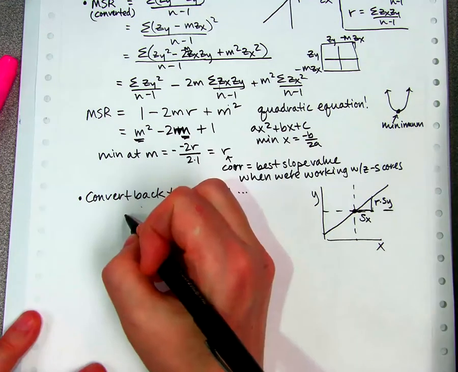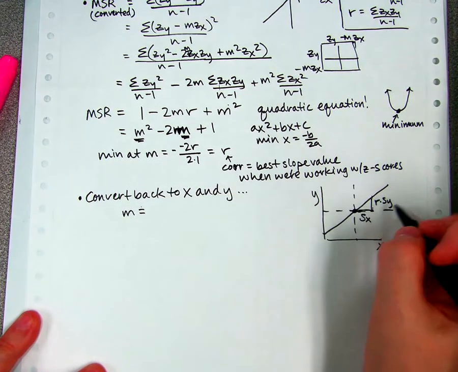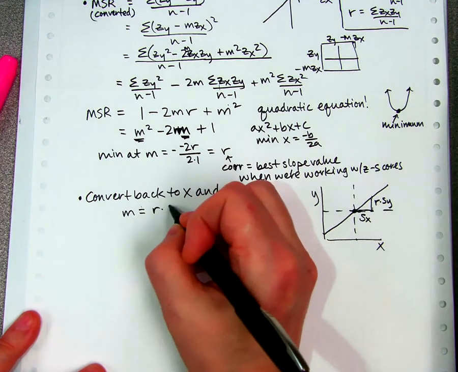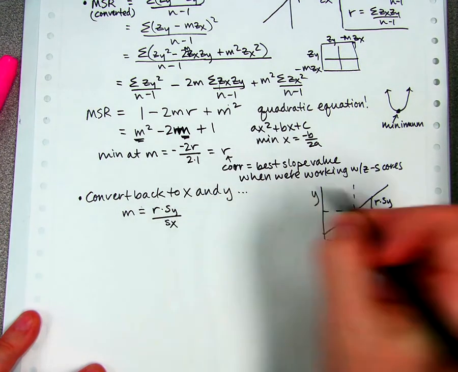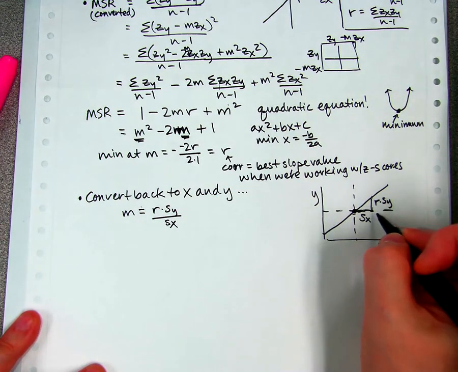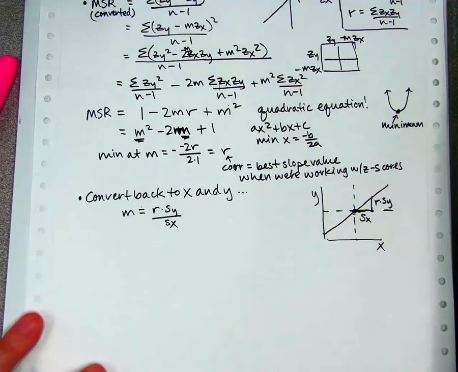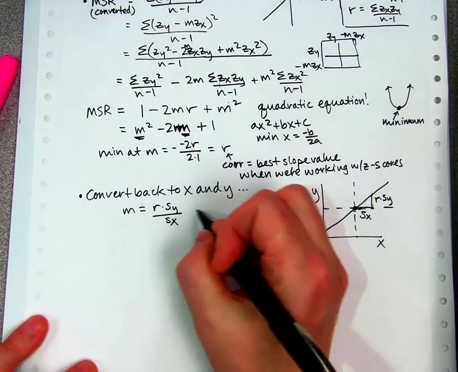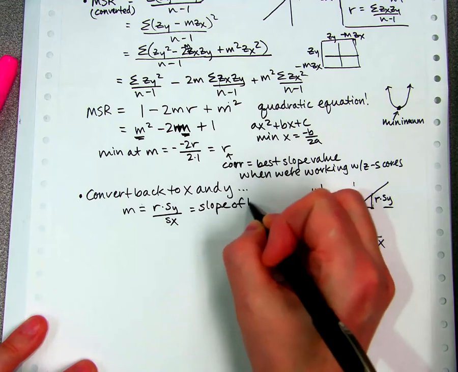And so that means my new slope, which is m still, is now r times sy, that's the rise, over sx. I'm going over 1 standard deviation and up 1 standard deviation times r. And that r came from what I did up above. That is the official formula for the slope of the best fit line.